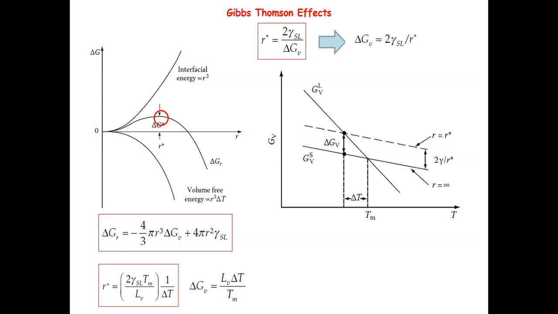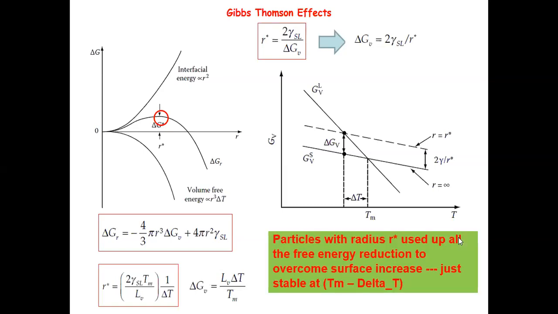Okay, and for this particular nucleus, if the radius is just R star, this means that this particular nucleus is right at its effective melting temperature. And we're going to see that if we have different sizes, this will have different consequences.